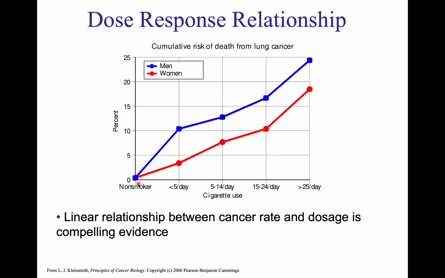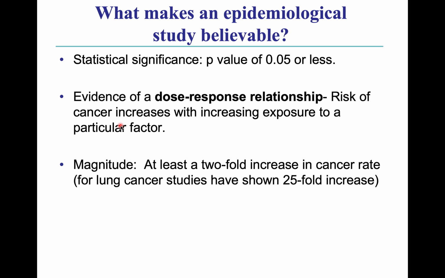So here you've got from basically no dose, non-smokers, to people who smoke less than 5 cigarettes a day, all the way up to more than a pack a day. And for both men and women, we see a pretty linear increase in percent of individuals developing lung cancer, tied to increase in dose.